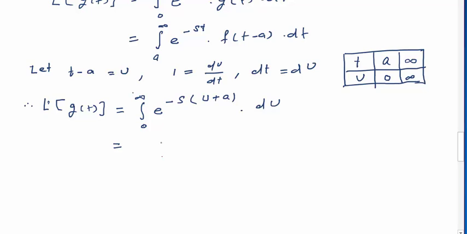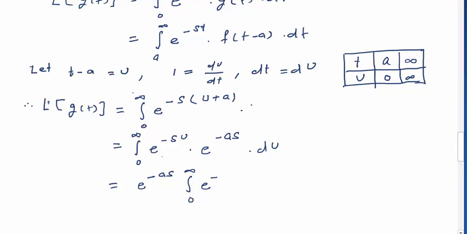What we get here is the integral from 0 to infinity of e raised to minus su into e raised to minus as into du, and f of u is also there, f of u into du.